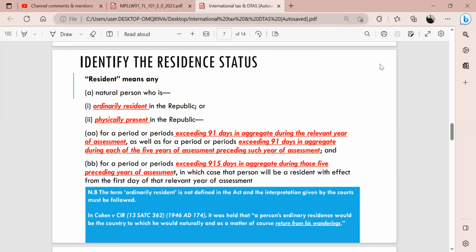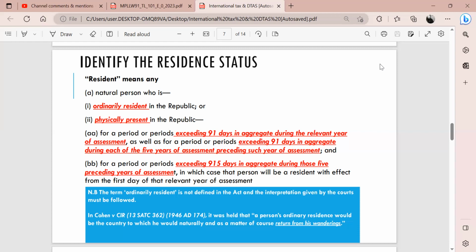So there's 2 ways to become a resident for income tax purposes in South Africa. Number 1, you can be resident by being ordinarily resident in the Republic. Number 2, you can be a resident through the physical presence test.